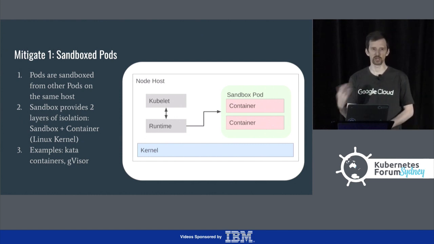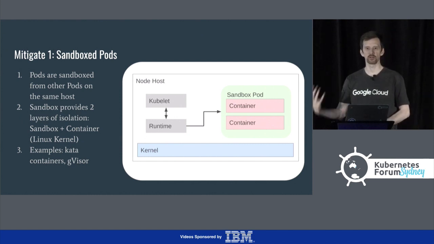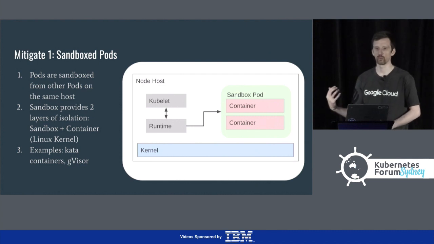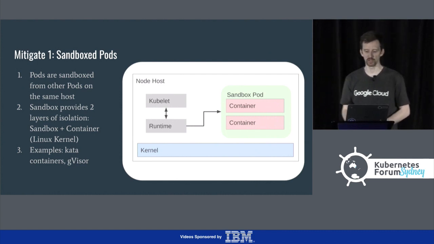So if you have an environment where you can't trust the code that's being run in the container, this is something to look into. Examples might be Kata containers or gVisor.